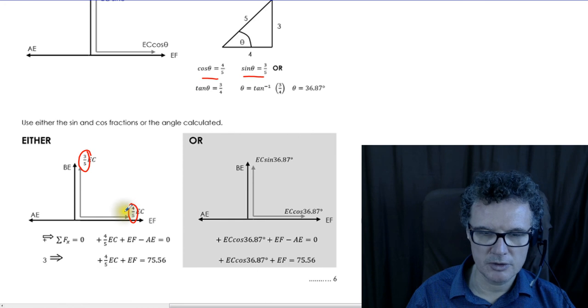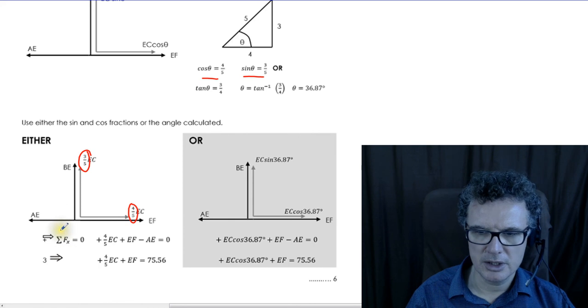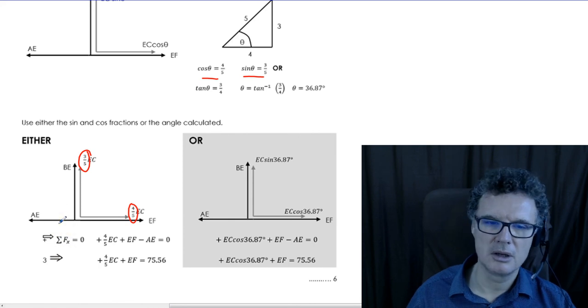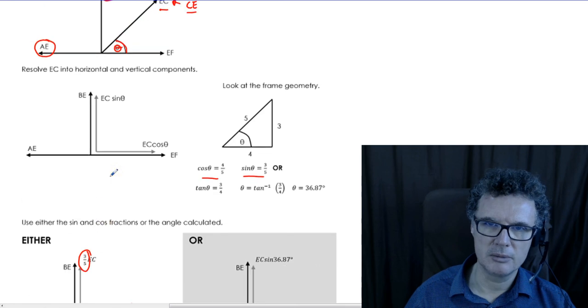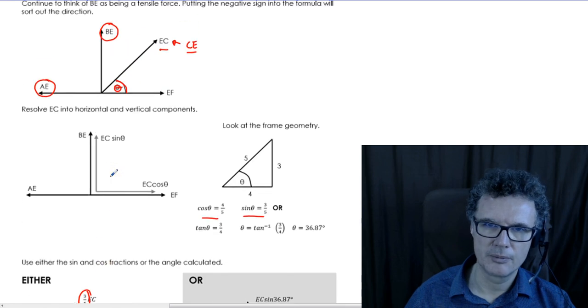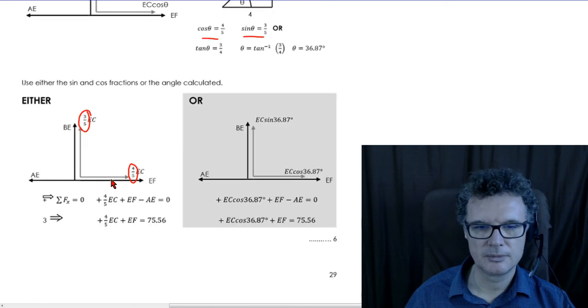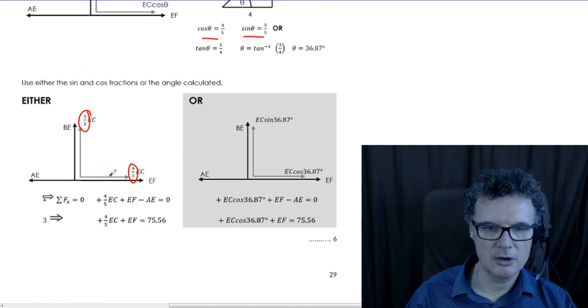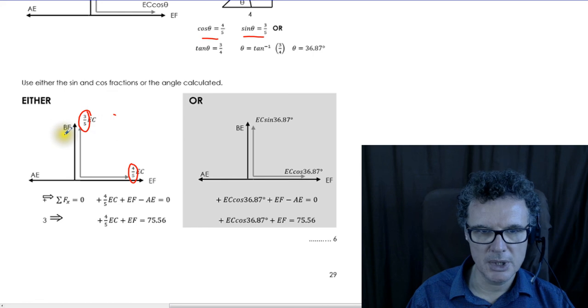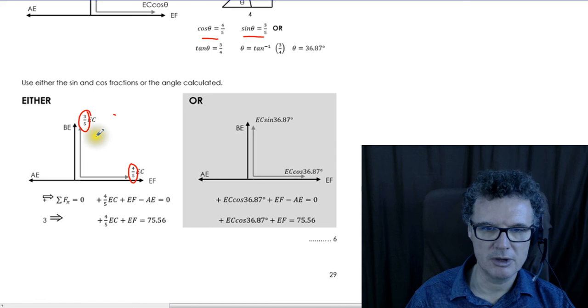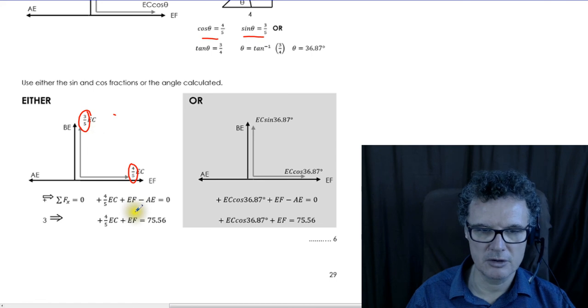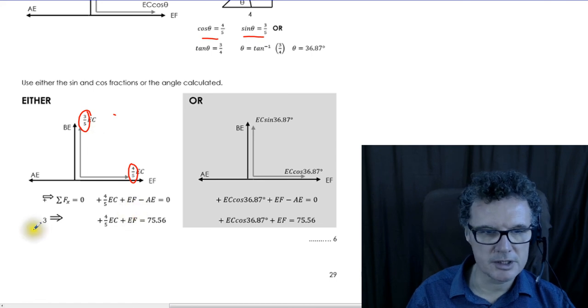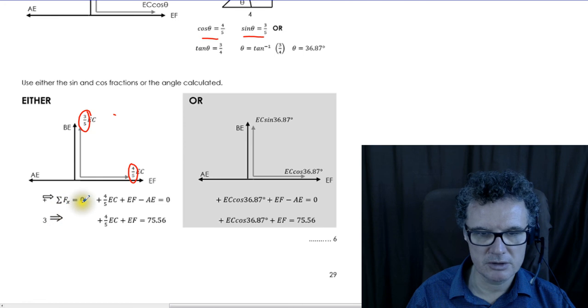I don't know whether resolving in the y direction would be better or not here. So in the y direction, do we know BE? Yeah, we know BE, and we know AE. So if I know BE and AE, it seems to suggest to me that resolving in the y direction would be the good thing to do first. Nonetheless, in the course notes they resolve in the x direction first.